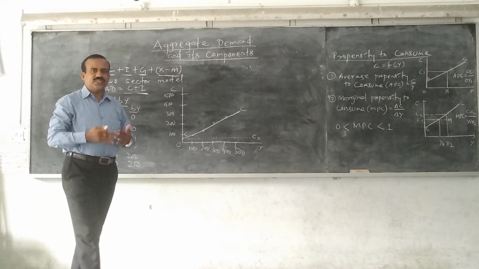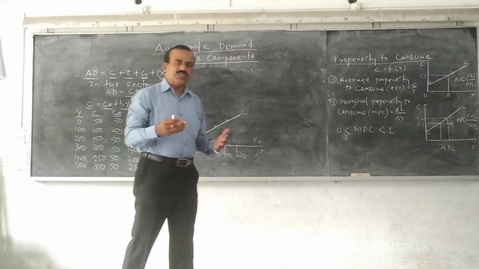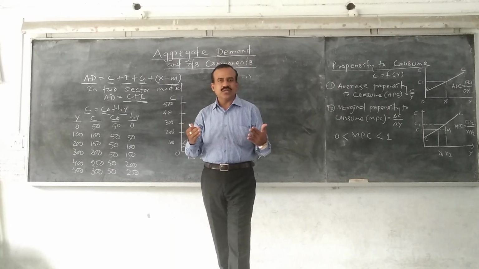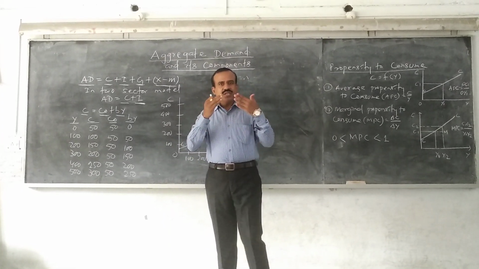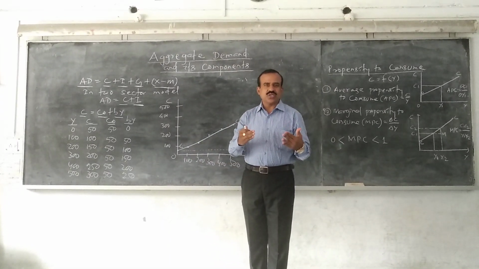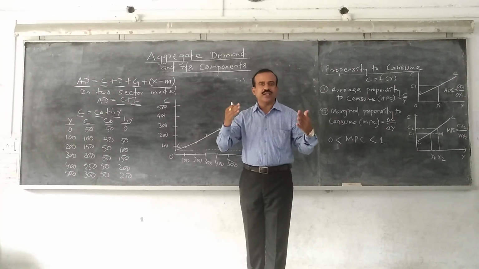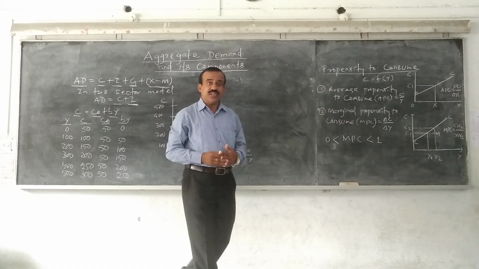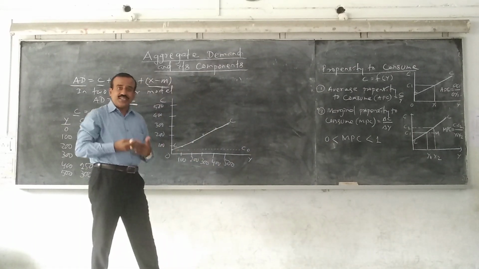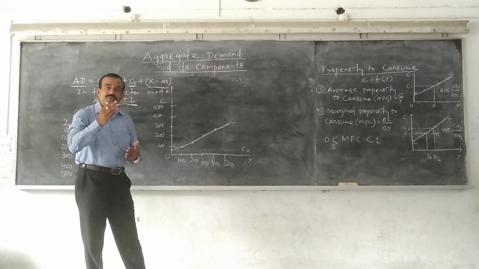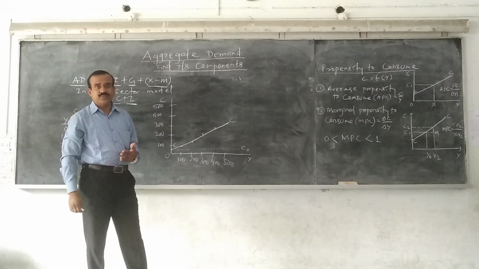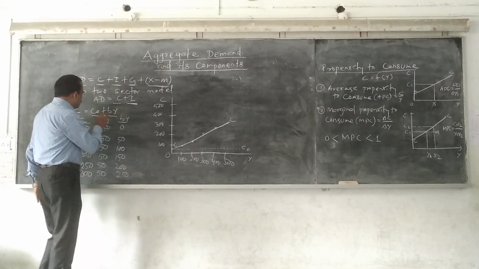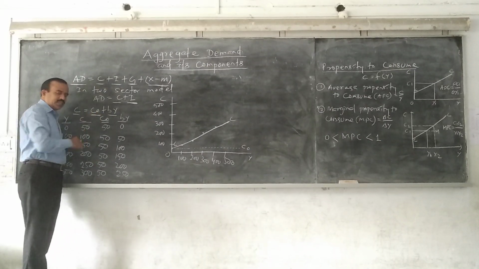What is autonomous consumption? It is the consumption made by the household on the minimum goods and services required for their self-existence. In other words, it is the expenditure even at zero level of income. So expenditure at the zero level of income is called autonomous consumption.